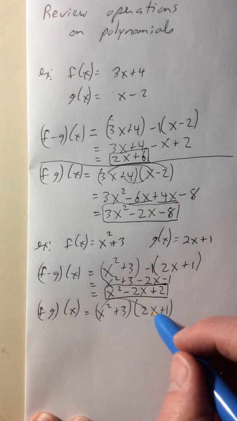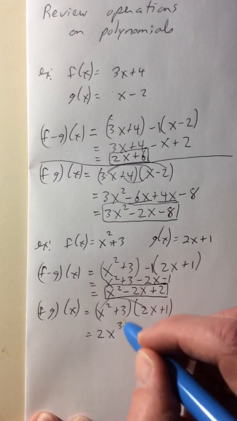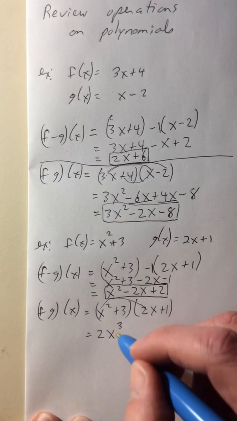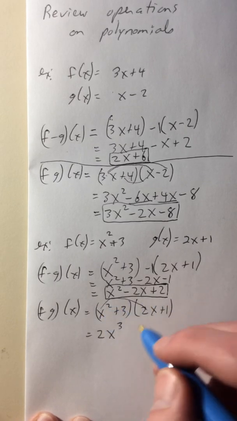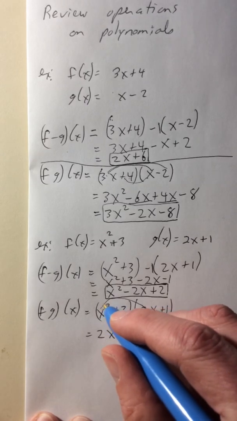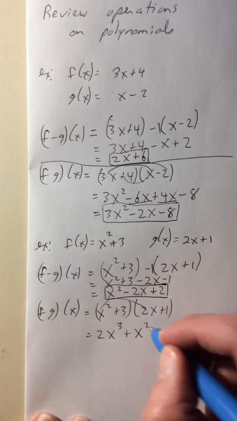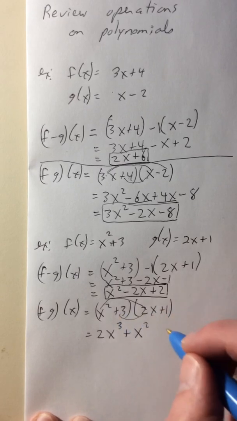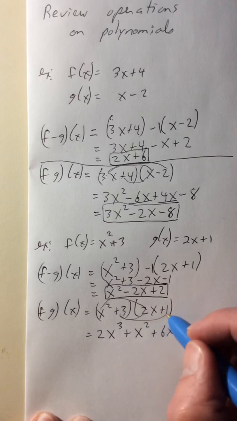So x squared times 2x is 2x cubed, right? X to the second times x to the first is x to the third. 2 plus 1 is 3. And x squared times positive 1 is plus x squared. And then 3 times 2x is plus 6x. And 3 times 1 is 3.